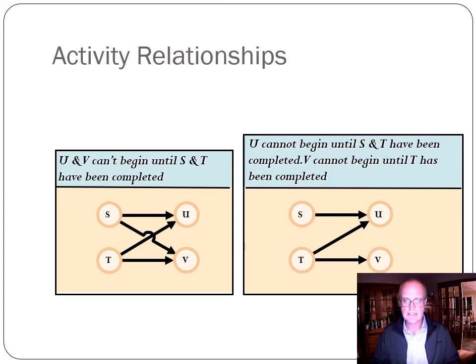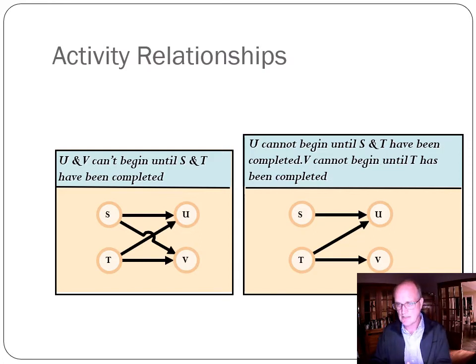And we can have more complex ones. In this case, S precedes both U and V, and T precedes both U and V. And so neither of these can start before both of these are finished. If S finishes before T, it doesn't necessarily affect the start time for either of these, because both of these need to be finished before either of these can start.